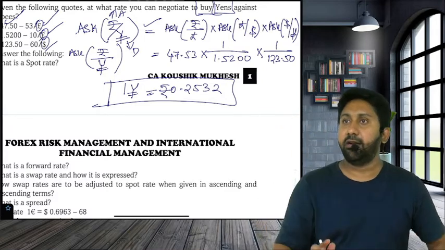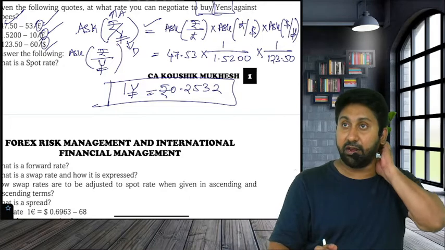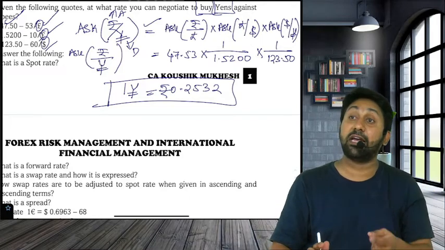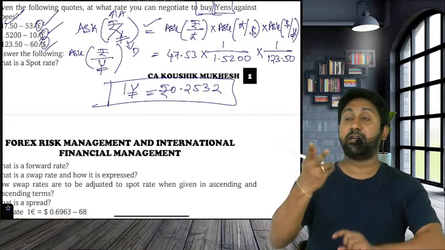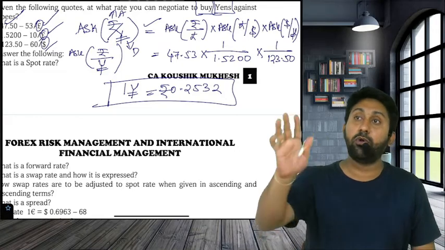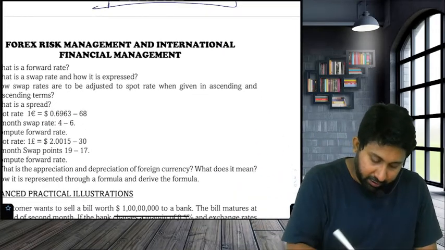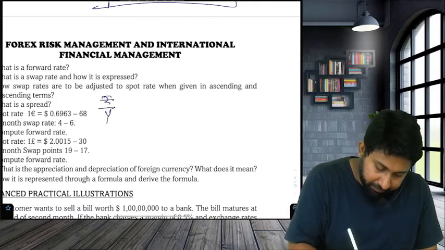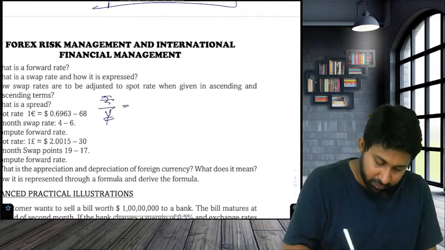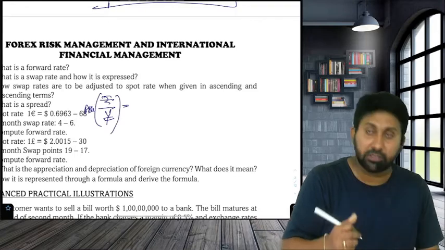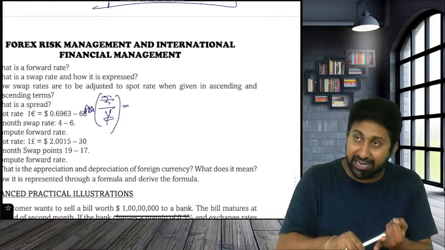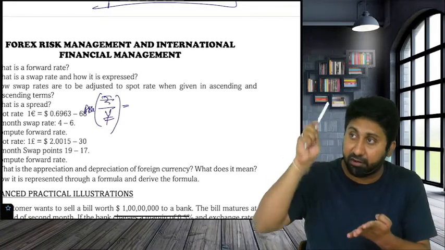As you said, when 4 currencies are given, B should be taken as that currency which is repeated multiple times in the denominator. If I don't take it like that, what will happen? See here, we want rupee by yen format. Because we want to buy yens, the bank has to sell yens at the higher rate, which will be the ask rate.